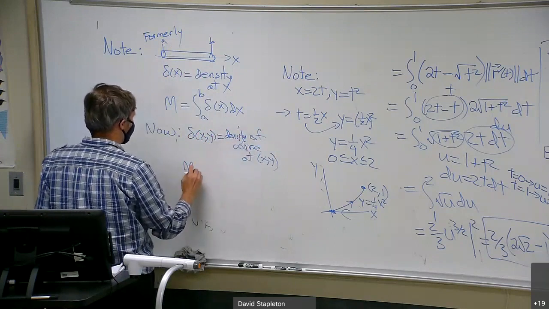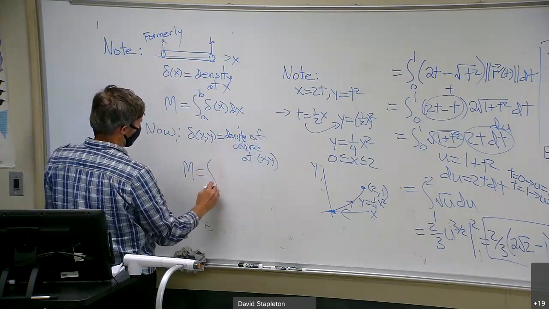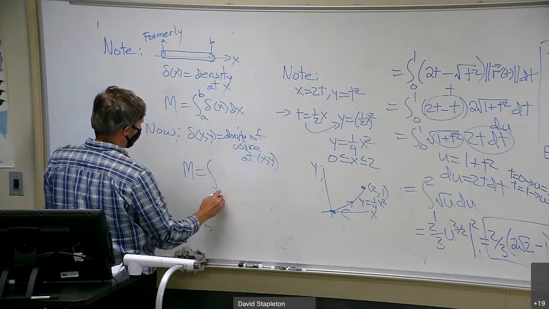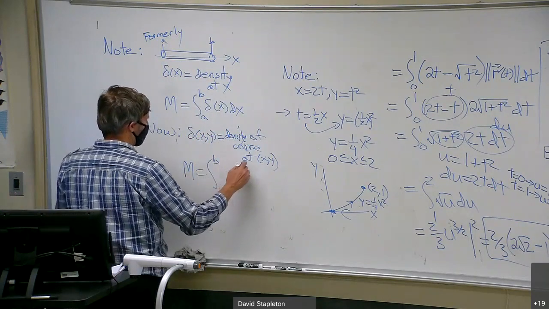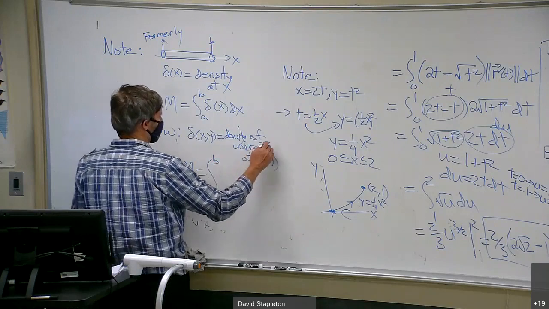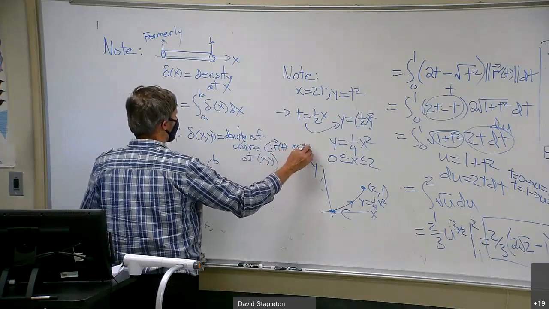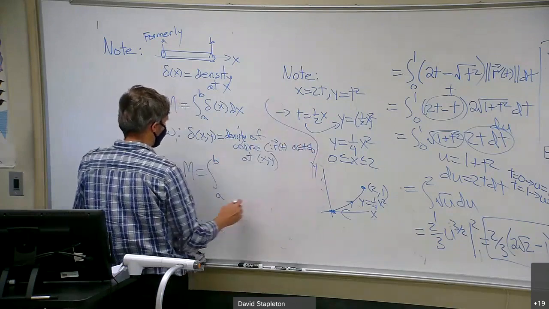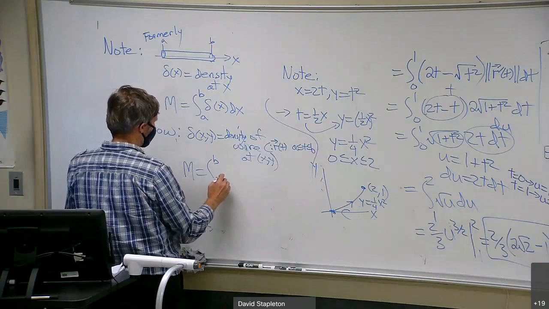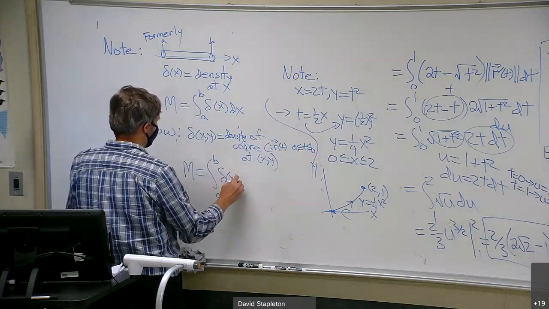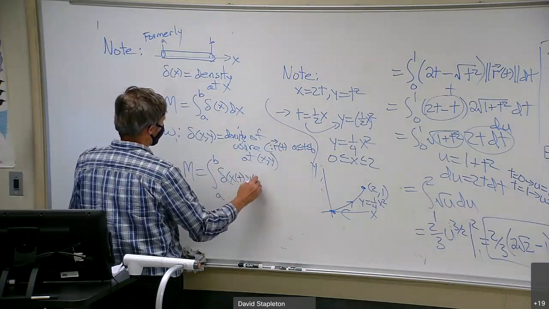And the mass of the wire is equal to the integral, t going from a to b. If you have the wire as a curve r of t, t running from a to b, then the mass is the integral from a to b of the density function at x of t and y of t.